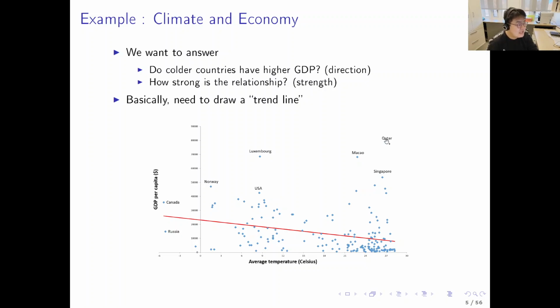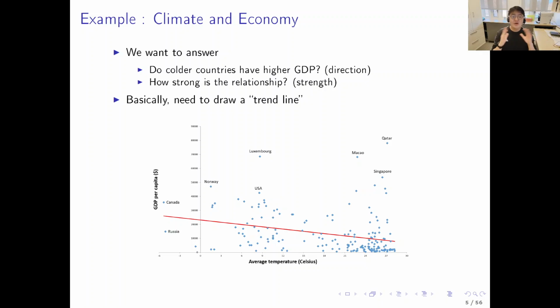So it deviates a lot. There are some countries that deviate a lot. So in that sense, it's not that strong. The relationship is not that strong. That is a simple conclusion by just looking at the scatter plot.